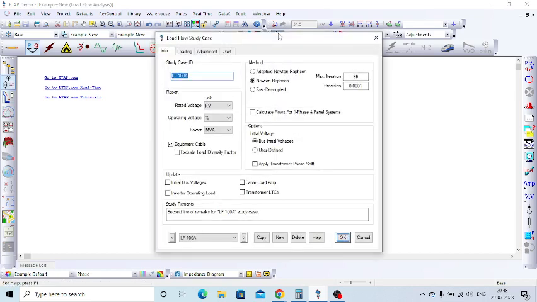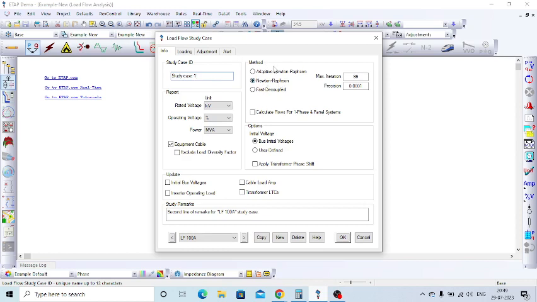We have to go there and change the case ID. I'm setting it to study case 1, which means it will save all the analysis under the name study case 1.